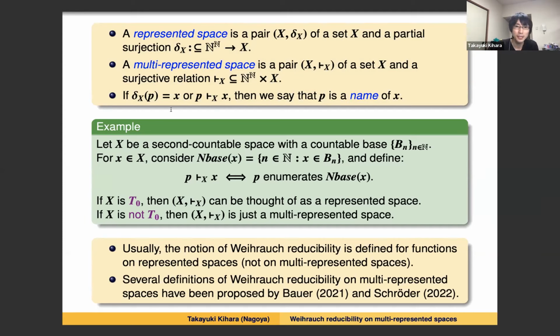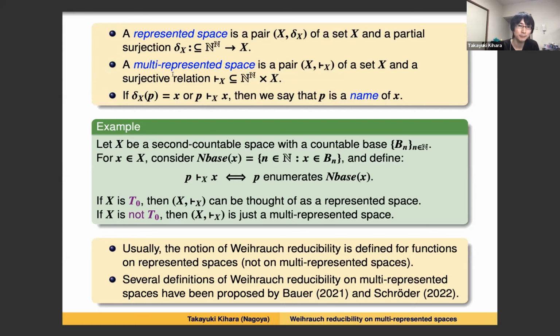We use a relation symbol like this; this notation may be useful. If we write p ⊩ x, then this means that p is a name of x.